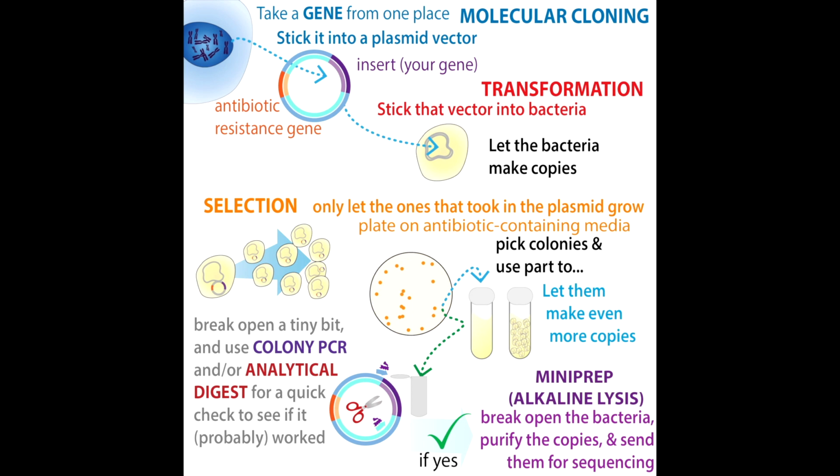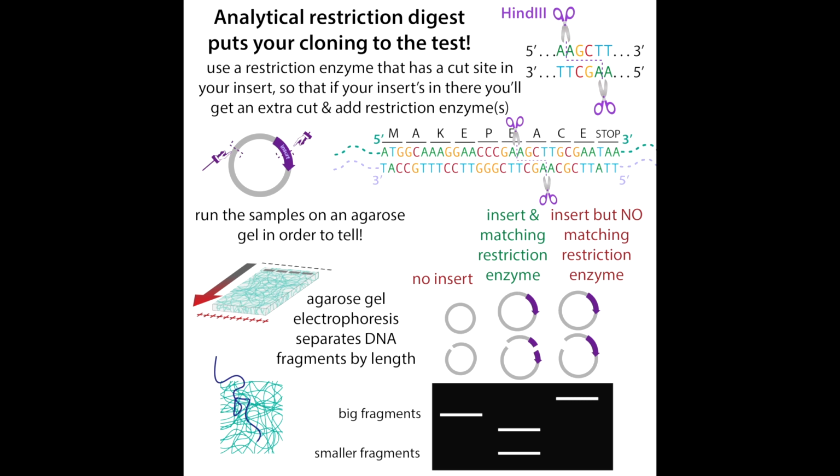One of them is analytical restriction digest. Basically you take a restriction enzyme, which is an enzyme that recognizes specific DNA sequences and cuts them. You can use that to try to cut the plasmid and see if it gets cut, and how many pieces it makes.